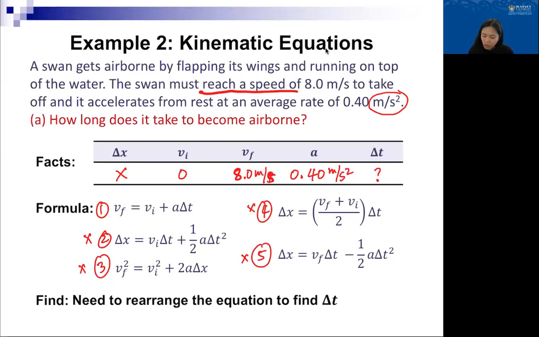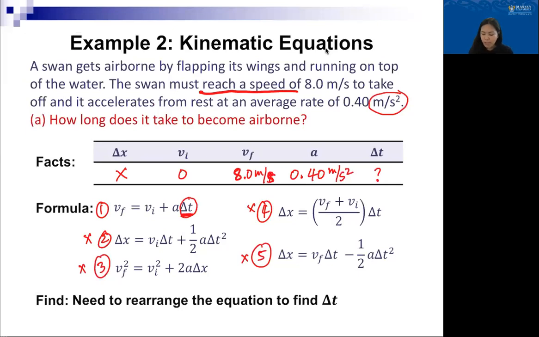But notice how in equation 1, delta T is tied up with acceleration. So we cannot directly calculate delta T using equation 1. Which means we need to rearrange the equation to isolate delta T and make delta T the subject, so that we will be able to find it.